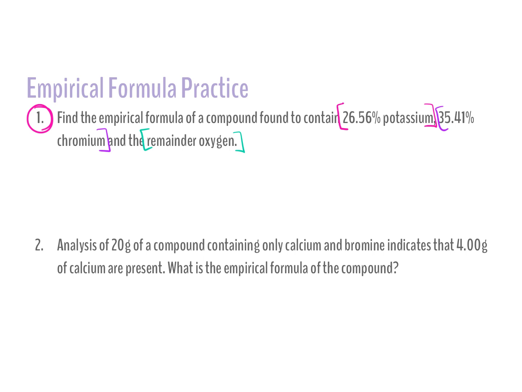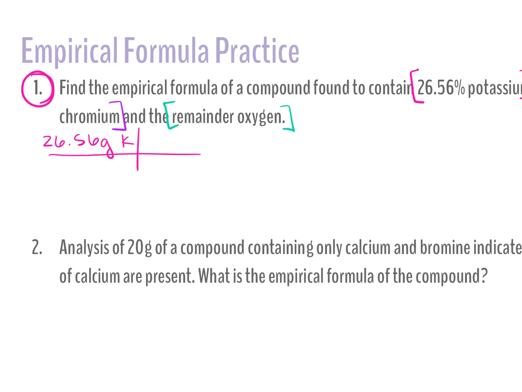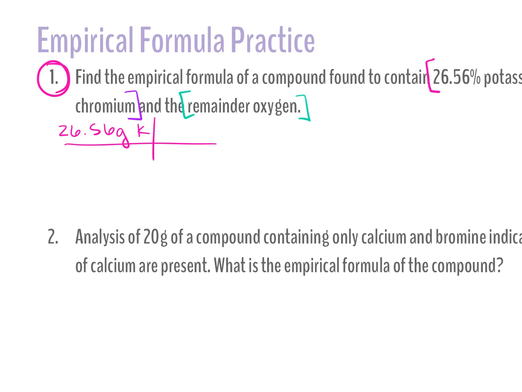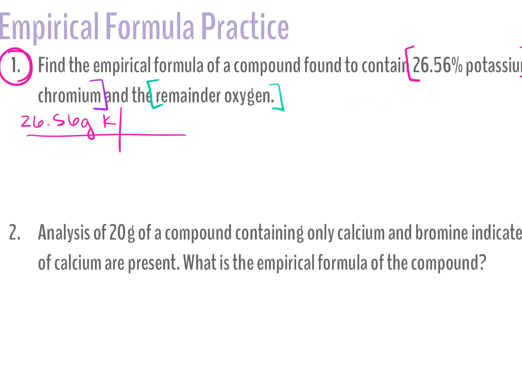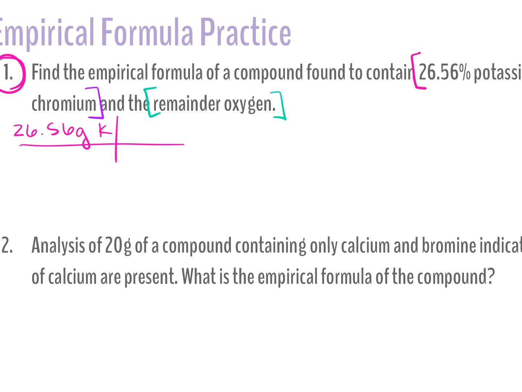So we'll go 26.56 grams of potassium. Remember, we're going to put it right into grams. 35.41 grams of chromium.